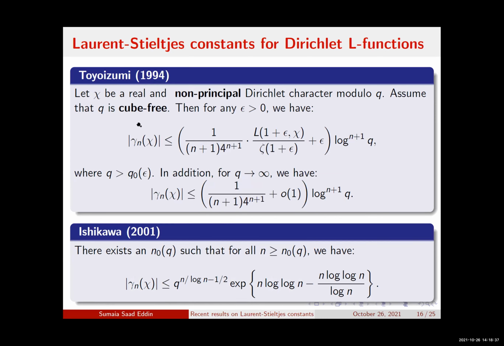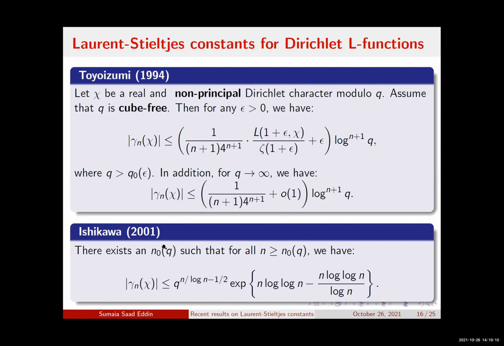The first one was given by Chiyotomi in 1994. Here, as you see, we have an upper bound for the n-th derivative of the L function at s equals 1. This is in the case where chi is a real, non-principal character modulo Q, and Q is cube-free. For Q going to infinity, he deduces this upper bound for this coefficient.